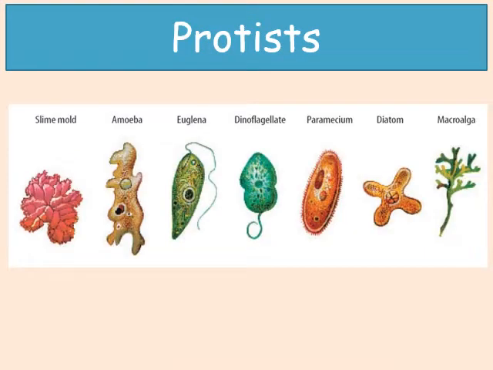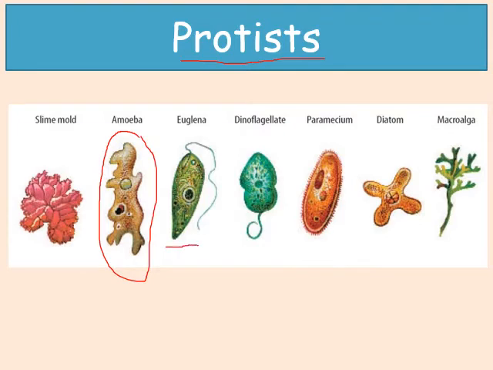And protists. Now, as you can see, like the bacteria group, there's lots of different types of bacterium. There's lots of different types of viruses. There's lots of different types of protists. But they are all unicellular. They're all made of one cell, and they all look different, don't they? Here we have an amoeba and a euglena.